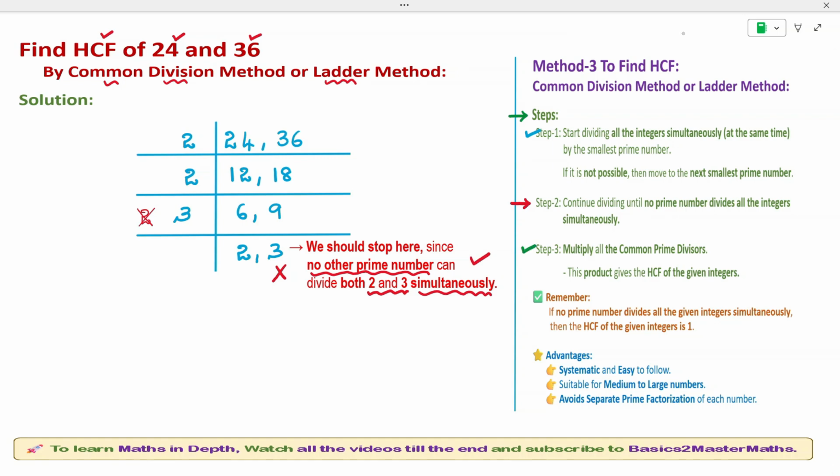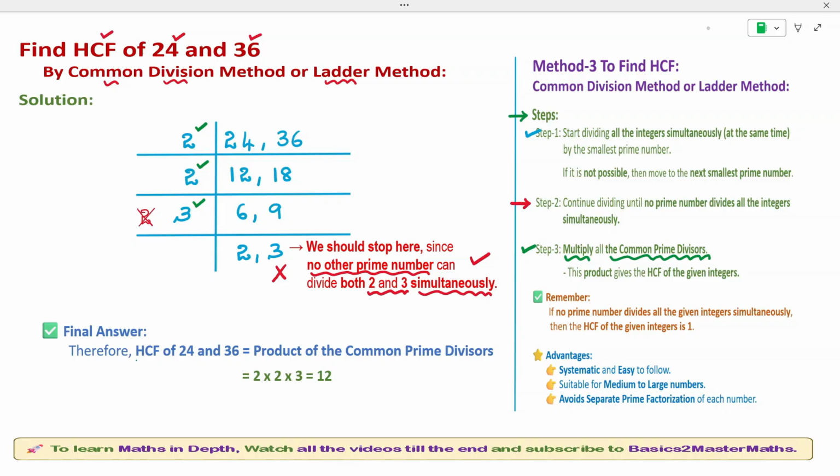Step 3. Multiply all the common prime divisors. In this case, the common prime divisors are 2, 2 and 3.